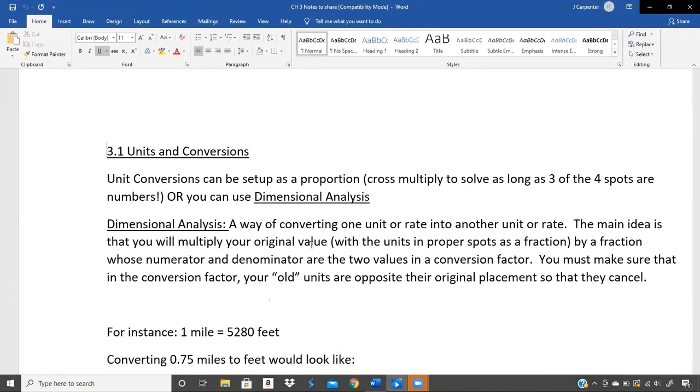And notice the first ones I said were all distance. I could say 1 mile, or I could say 5,280 feet, or I could say, hold on, give me a minute because I have to calculate it. I don't know it off the top of my head. Or 63,360 inches. So saying 1 mile is the same thing as saying 5,280 feet, is the same thing as saying 63,360 inches.